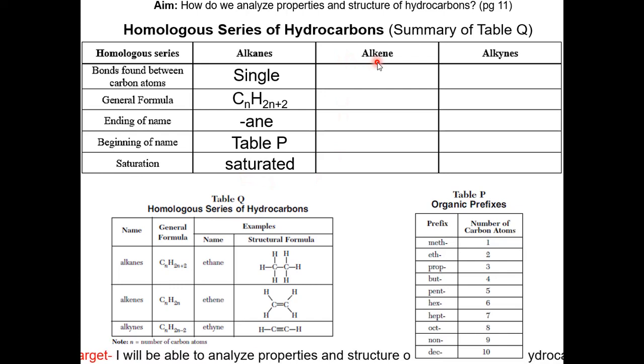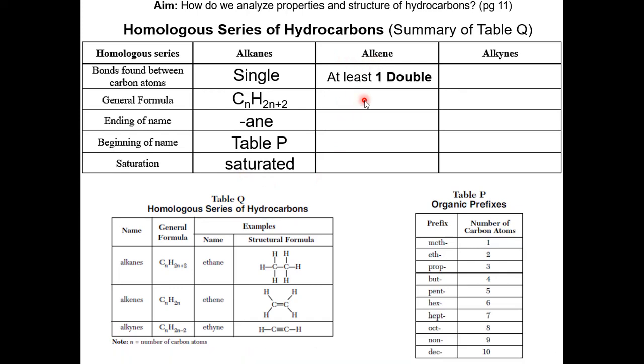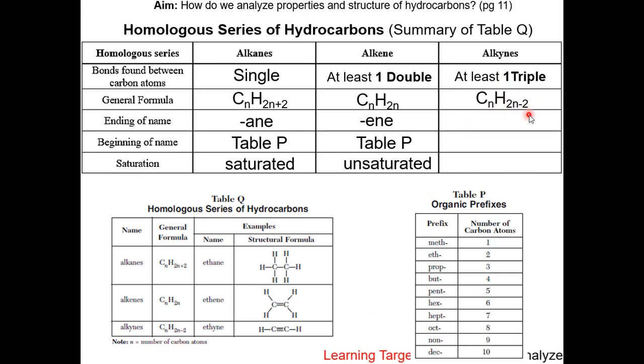For alkenes, there must be at least one carbon-carbon double bond. For the general formula, if you look on Table Q, it is CnH2n. For the ending of the name, if you look at the example, it is ene. For the beginning of the name, you have to look at Table P, and the saturation is unsaturated. For alkynes, there must be at least one carbon-carbon triple bond. The general formula, if you look on Table Q, is CnH2n minus 2.